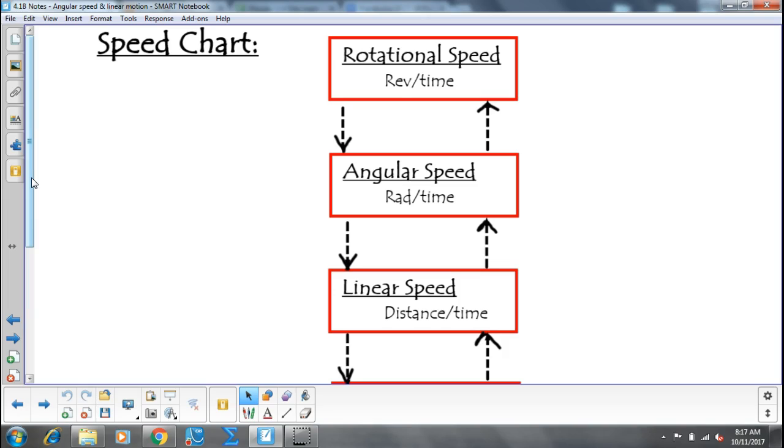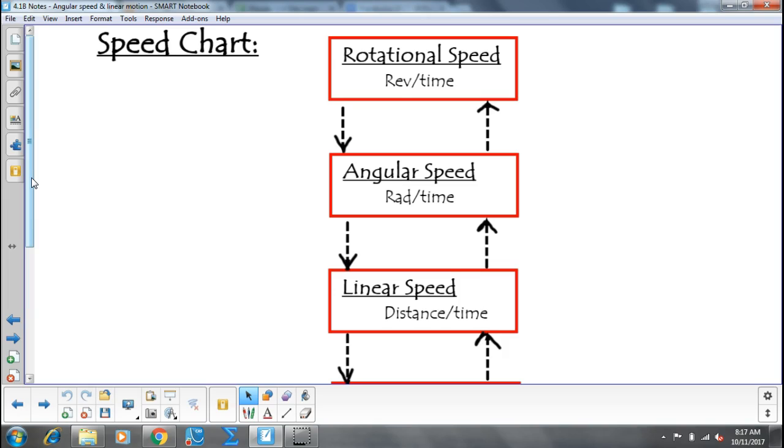From there, based upon the radius of whatever is spinning, we can go into linear speed. That is how far a point on the end of that circle is going if we were driving down a road.